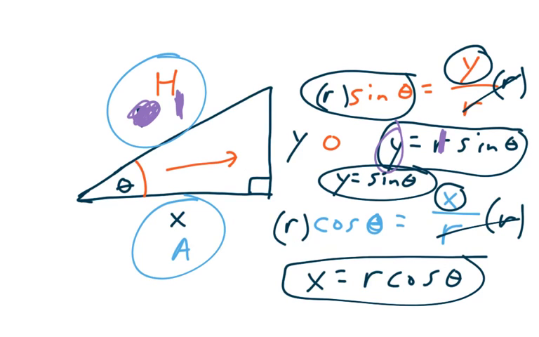And likewise with x, if r is 1, wouldn't x equal cosine theta? Now, what I actually showed you is simply this.